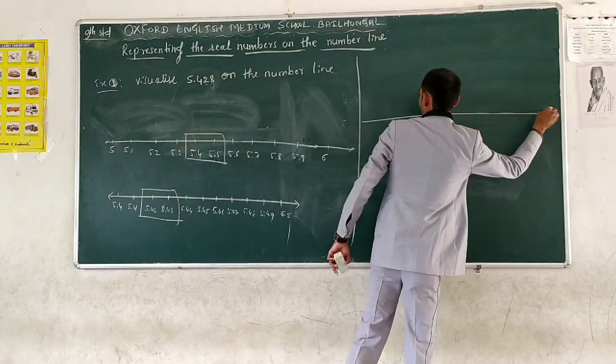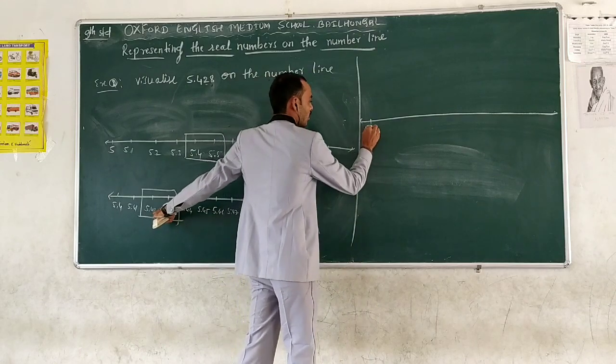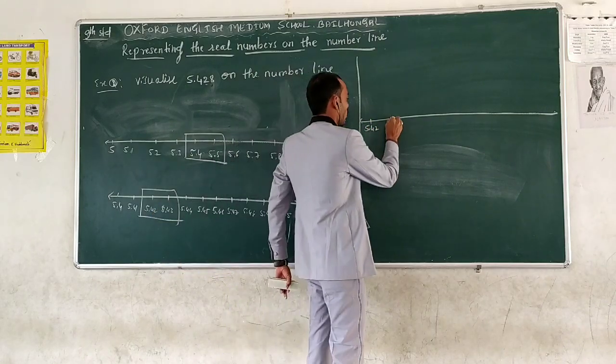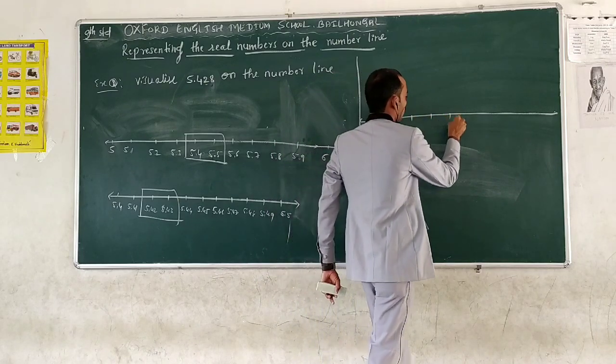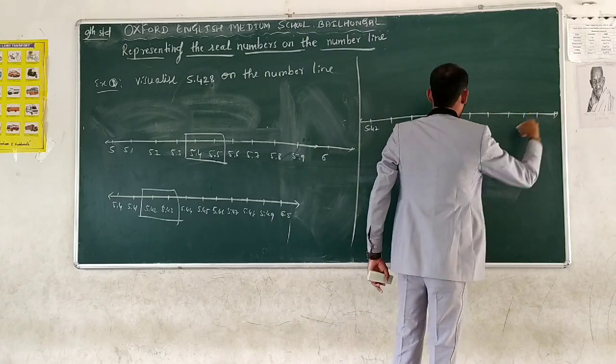Consider starting with 5.420 or 5.42 only, with totally 10 marks: 1, 2, 3, 4, 5, 6, 7, 8, 9 and 10.